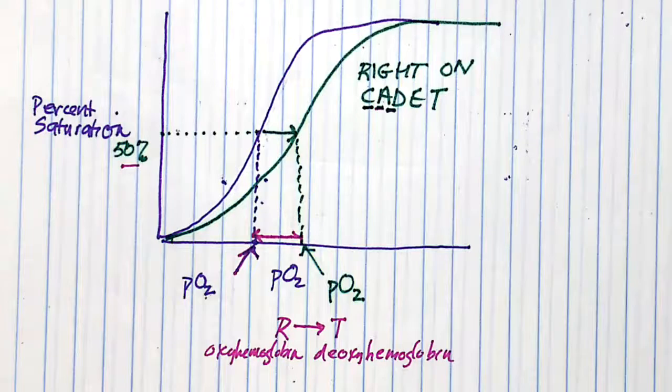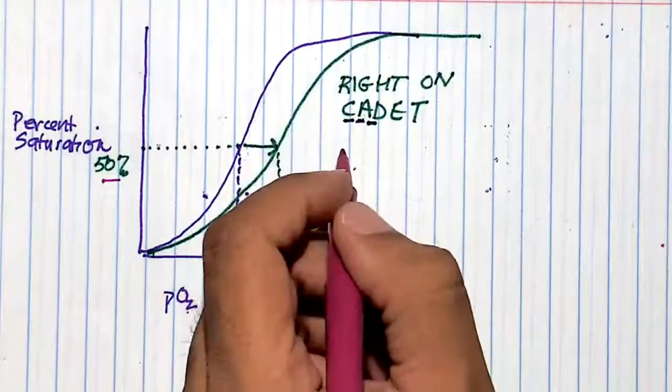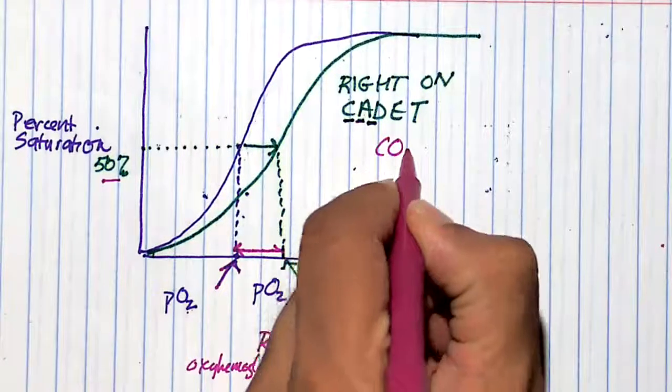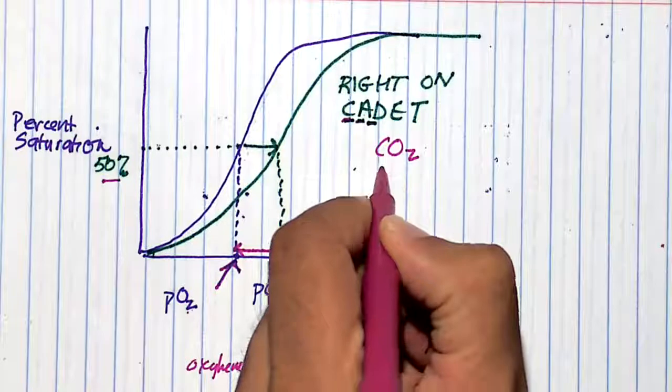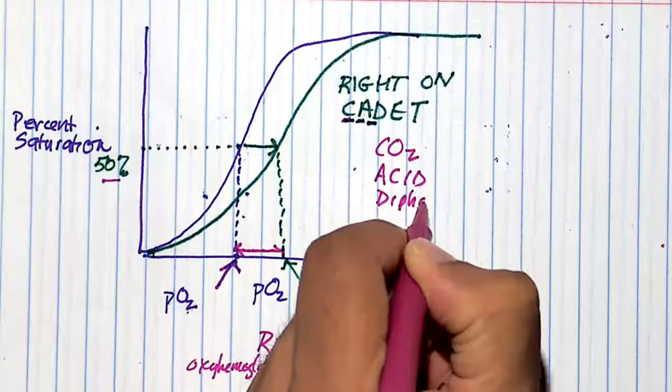So what are these things? Okay, so cooperativity, allosteric effectors, write on cadet, commonly used in medical school. CO2 is what C is. A stands for acid. And D stands for diphosphoglycerate.